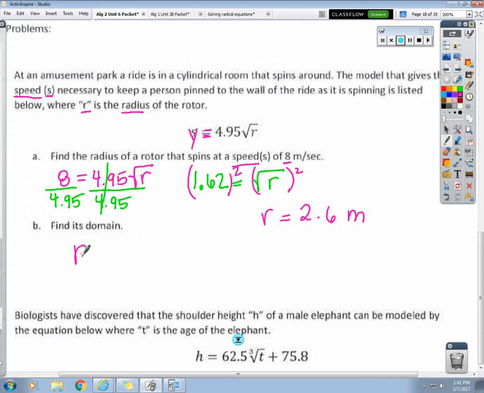So your R, your radius, has to be greater than 0. Now, technically, even 0 could go under here, right? Because the square root of 0 is 0. But if your radius is only 0 and not bigger, is there going to be any room to step into? No. So it has to be bigger than 0. Does that make sense? Okay, let's try the next one.